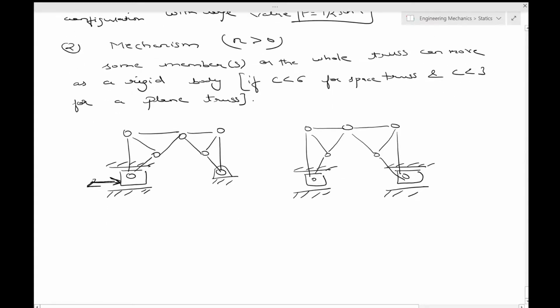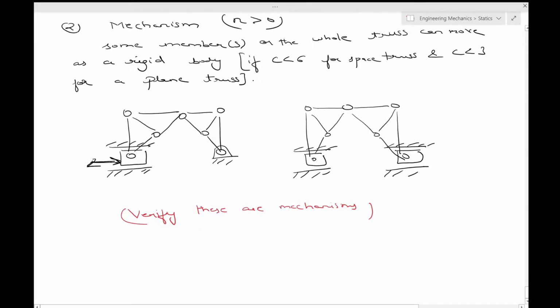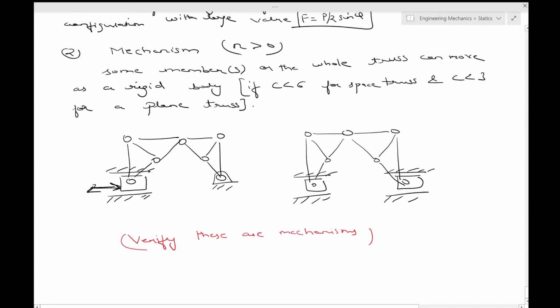You should verify that this is a mechanism again. Don't ignore anything which I write in red. Just make sure that n is greater than 0 in this case. That's where the degrees of freedom of a truss discussion can be stopped.